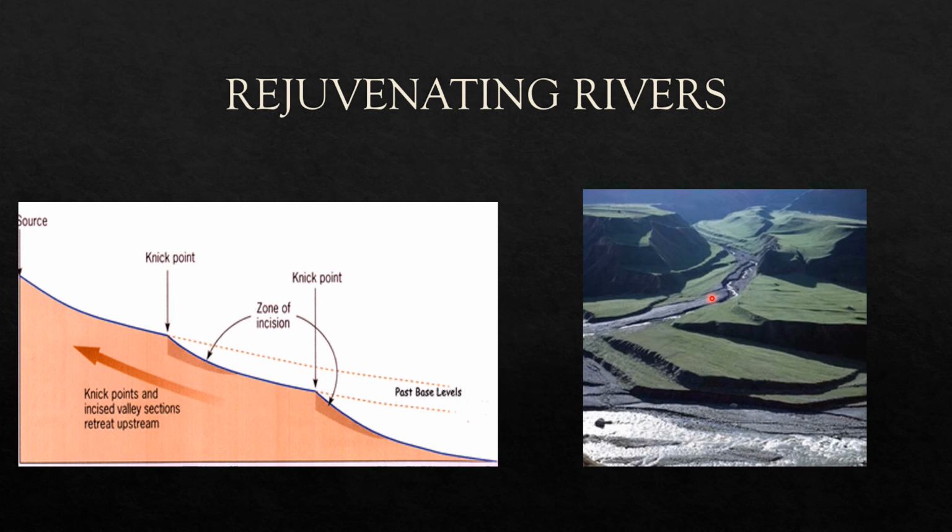So this is how rivers first go from youth stage to mature stage and to old stage, and then if any rejuvenation has occurred due to a fall in the sea level, it can go into those youth, mature and old stages again. The cycle will go on if there are tectonic activities or a fall in sea level.